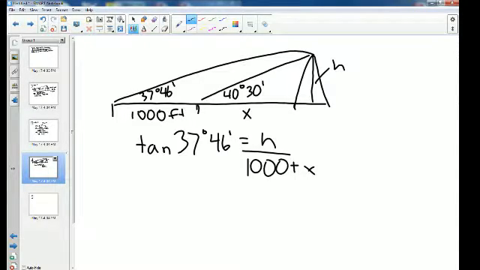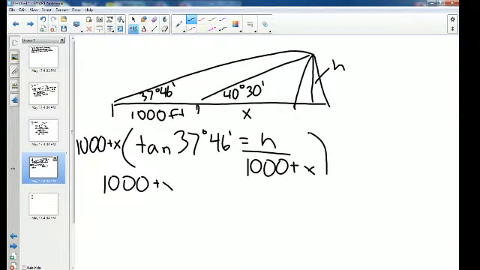Okay, and then we're going to multiply both sides by 1,000 plus x to get the h by itself. So it'll make this (1,000 + x) tan 37 degrees 46 minutes.